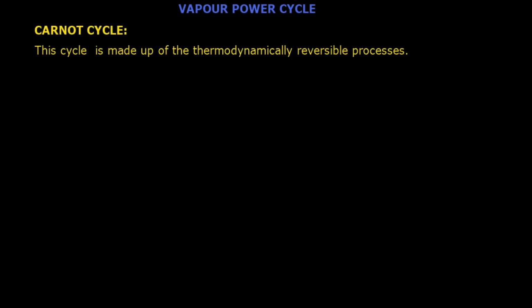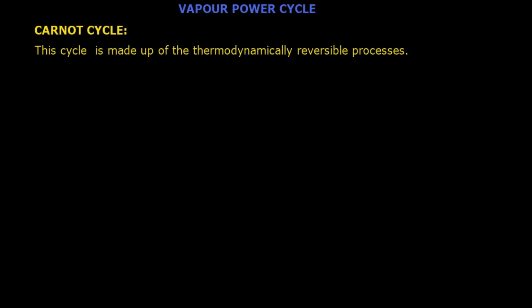If you have been following our videos, we have treated the first law, the steady flow energy, the non-flow processes, and also the air standard cycle. So today we'll be treating the vapor power cycle, just like the air standard cycle too.